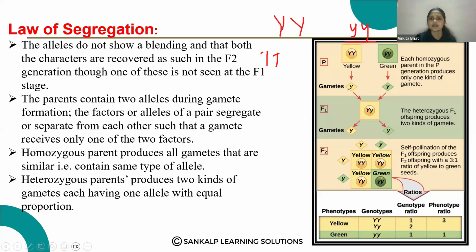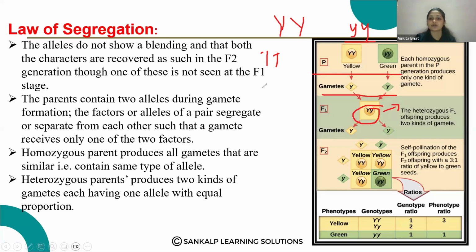In the F1 generation, the plants produce gametes, and these gametes fuse to produce the F1 generation plants. These are heterozygous, but no blending of the character takes place, right? No intermediate plant is formed in the F1 generation.